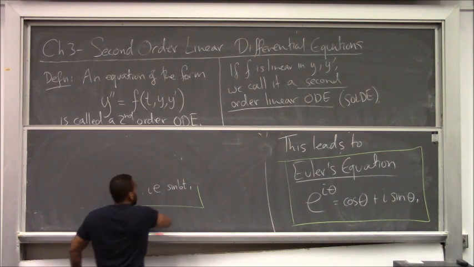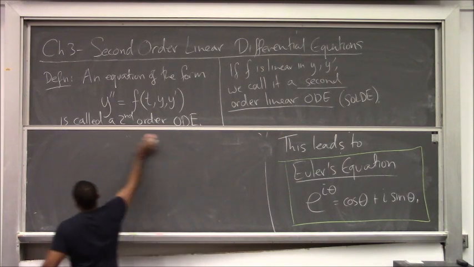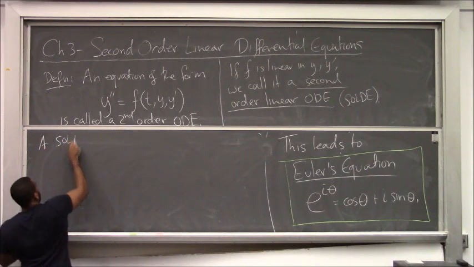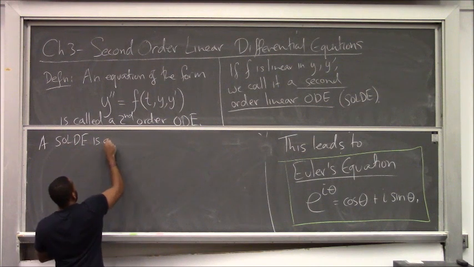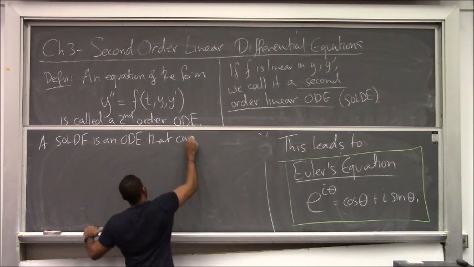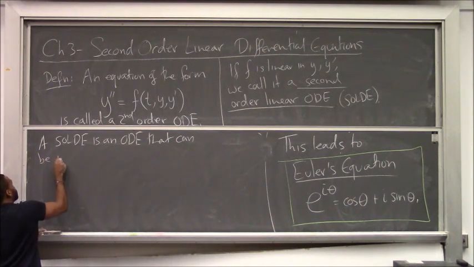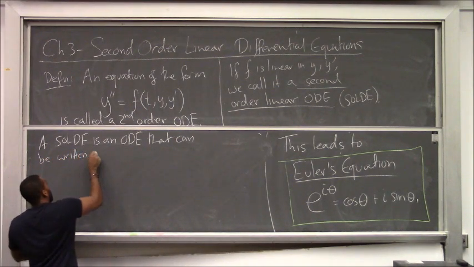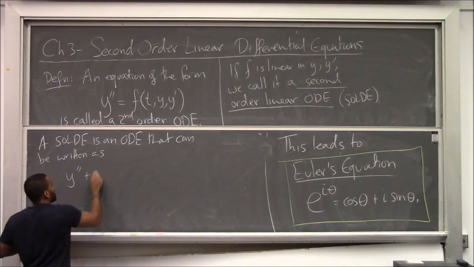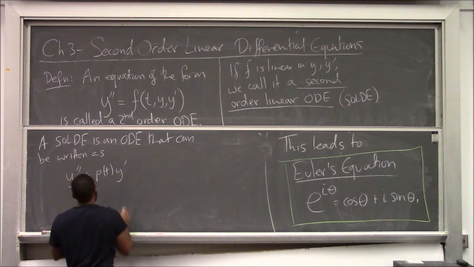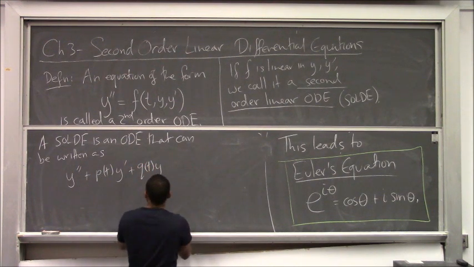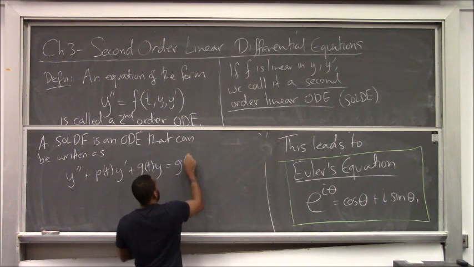So to be more explicit, a second order linear ODE is an ODE that can be written as, well, y double prime plus p of t y prime plus q of t y equals g of t.